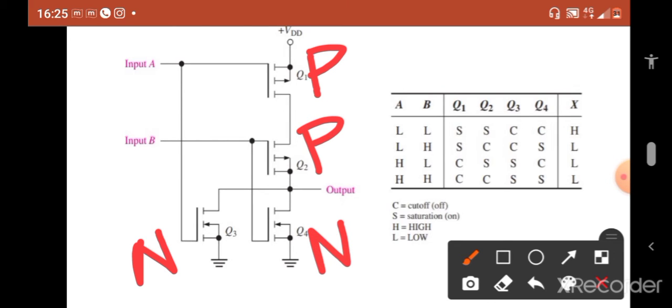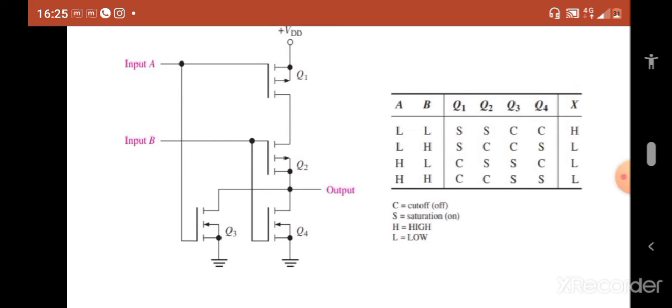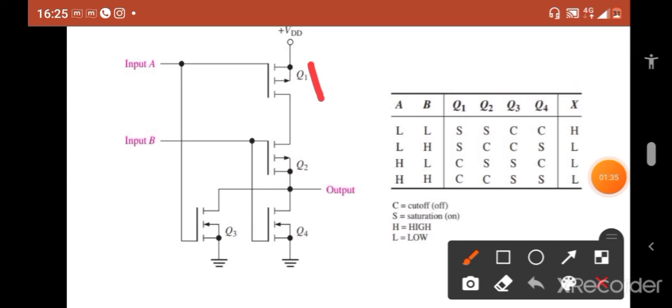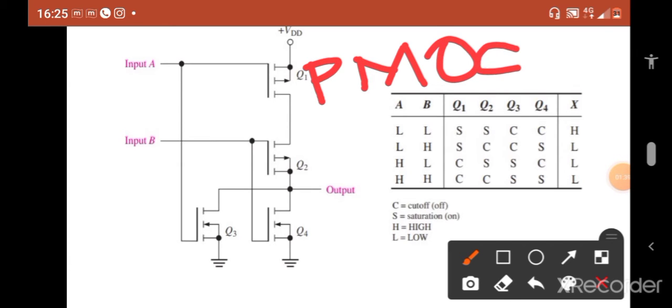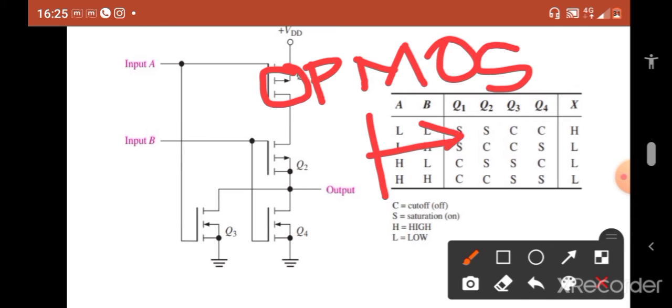Okay, fine. So this is your PMOS, P-type metal oxide semiconductor type, and in this signal we can see the sign is towards this one, and here we can see the sign is away.